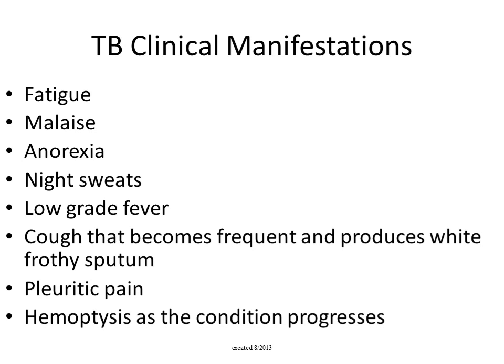Signs and symptoms. Well, a low-grade fever, night sweats, and a cough that becomes more and more frequent. At first it's a white, frothy sputum, and then eventually, as the condition goes on, it is hemoptysis, so there's blood-tinged sputum.